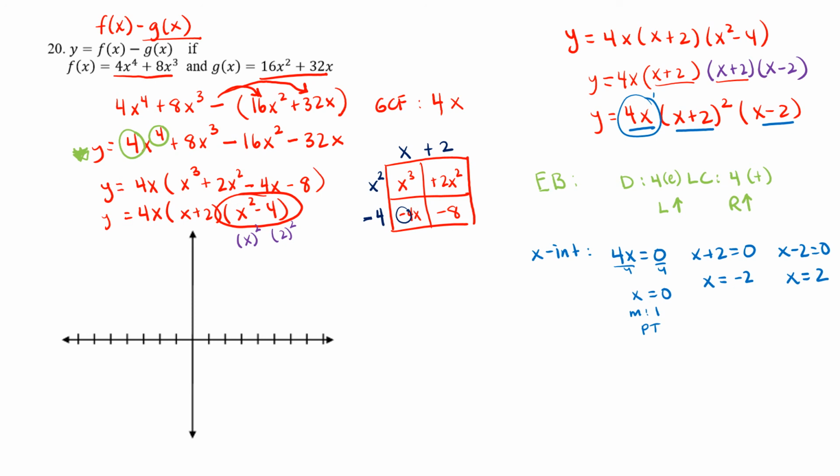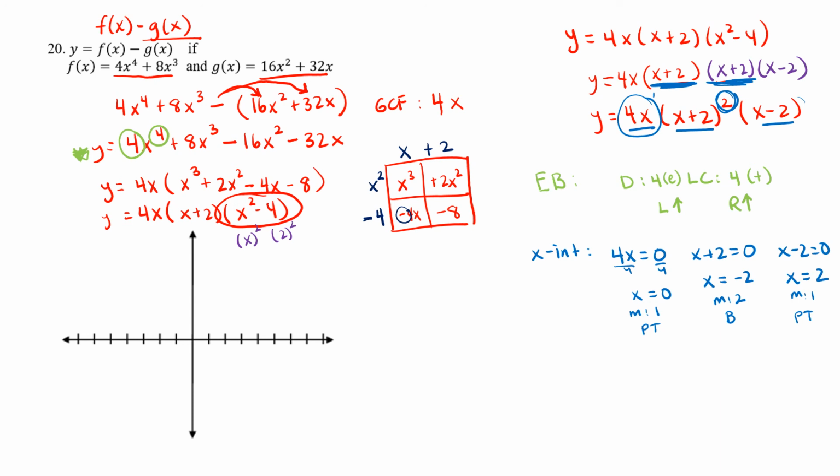Versus this x plus 2, in our factored form has an exponent of 2, telling us that it's represented twice. We had it represented twice when we factored it. That's a multiplicity of 2. Even multiplicities, we bounce. So at negative 2, we're bouncing. And that last one, x minus 2, again, it's only represented once. Multiplicity of 1, we're going to pass through.